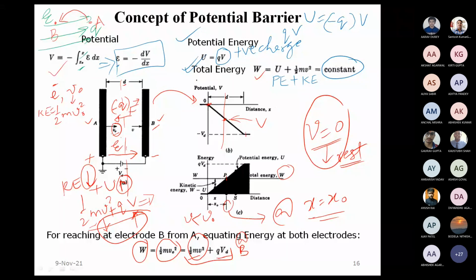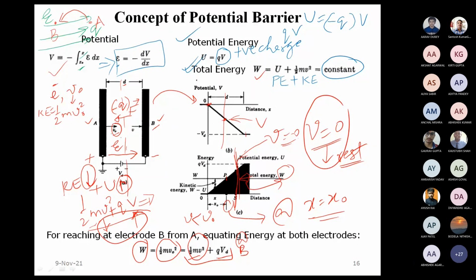So we can say that there is some point where this velocity becomes 0, and there is some region which this charged particle cannot enter into.